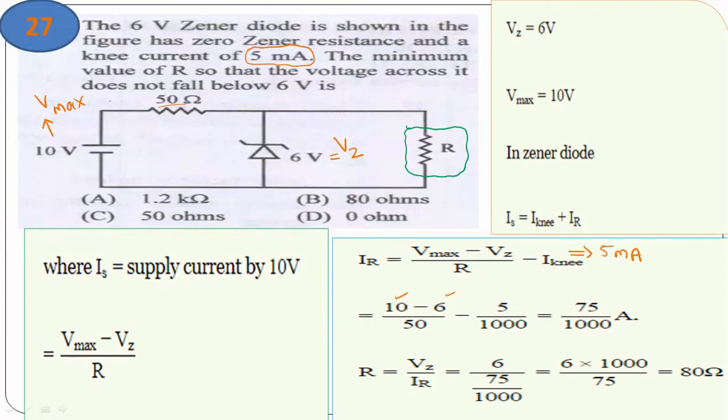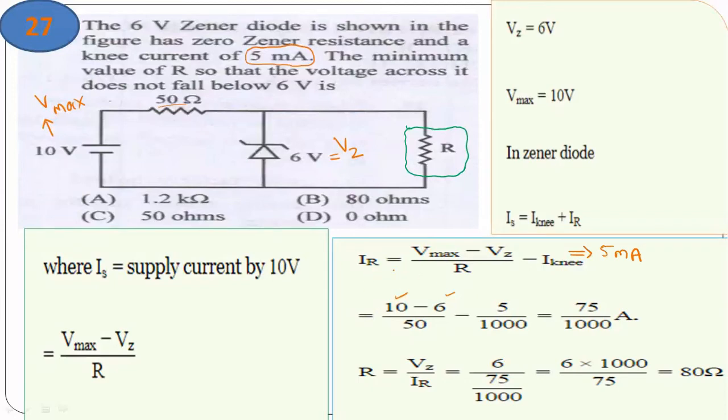So if we solve for this, the current IR will be 75 divided by 1000 amperes, right? Now, if I have to calculate R, as we know, the role of the Zener diode is to maintain a constant voltage of 6 volts. Now I can calculate resistance as V divided by IR, which is 6 divided by the solution we have obtained.